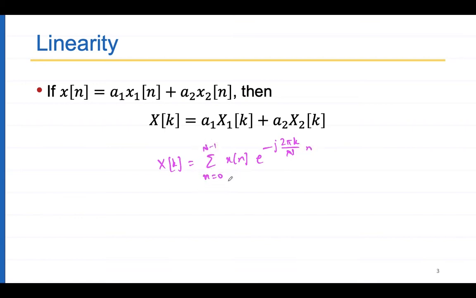You see this is a linear thing, so if you replace x[n] with a1 x1[n] plus a2 x2[n], it linearly distributes, which means you can write this as a1 X1[k] plus a2 X2[k]. Basically this is proved, so linearity is very easy to see.